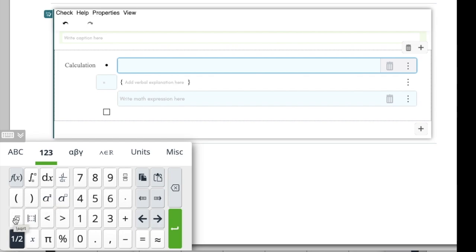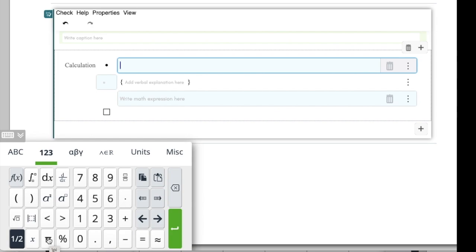For the square root, you see that backslash sqrt is a command for writing square roots. And for example, pi, backslash pi, and so on. So this means that all the symbols that you can take from the math panel, you can also write from the keyboard. These are the LaTeX commands.